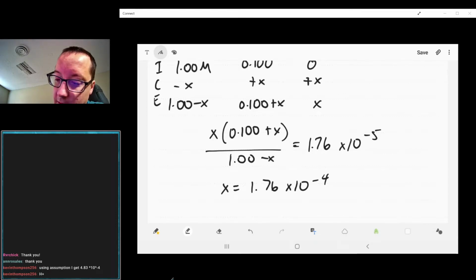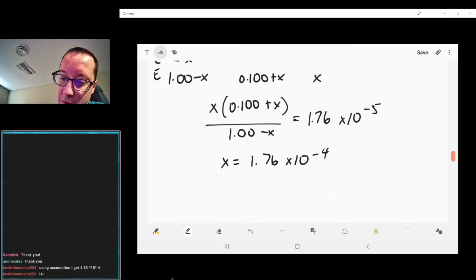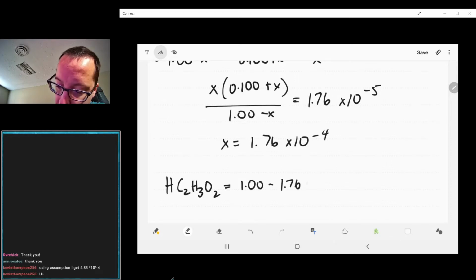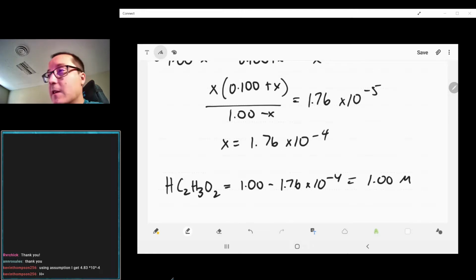And so if we go ahead and look, we're going to see that our acetic acid concentration with sig figs is unchanged. Still 1 with our sig figs.